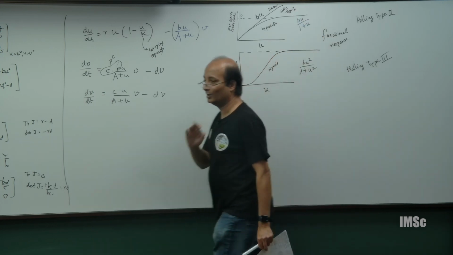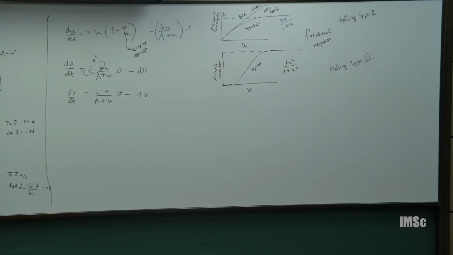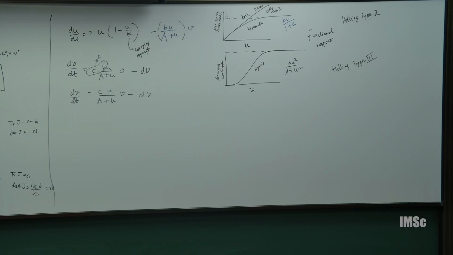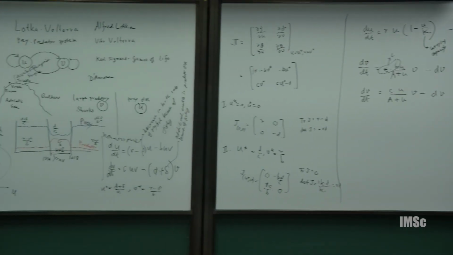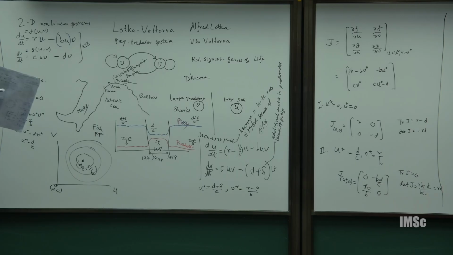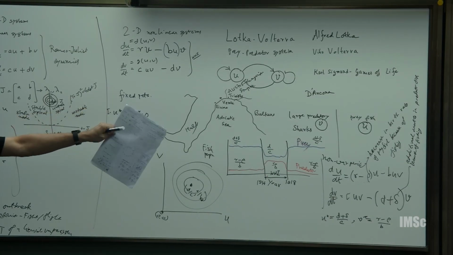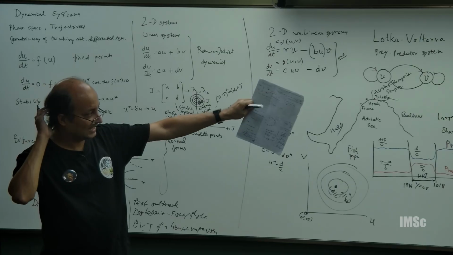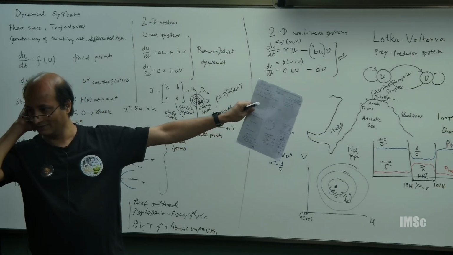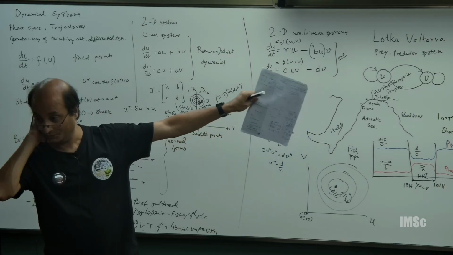Now, it is very interesting that there is a very nice analogy with biochemical reactions which are cooperative. If you have looked at Hill's equation, you would have come across this. The Michaelis-Menten equation is essentially like Holling type 2.